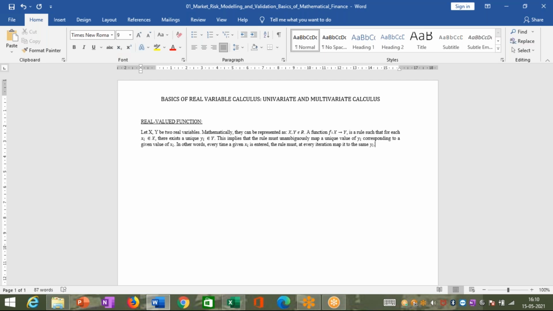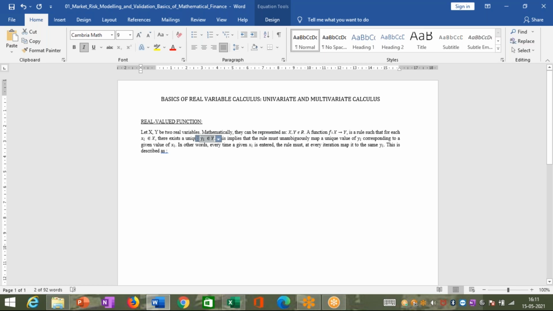So this is what causality is. Given a rule, x and y will have a certain relationship, right? So how do you describe this particular function? It clearly says yi is equal to f of xi.